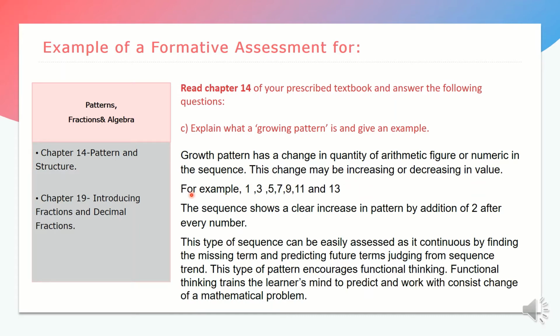We can all see the trend, that there's a difference between them, which is 2, and most of the time they are odd numbers. So the sequence shows a clear increase in pattern by the addition of 2 to every number. This type of sequence can be easily assessed as it continues by finding the missing term and predicting future terms judging from the sequence trend.